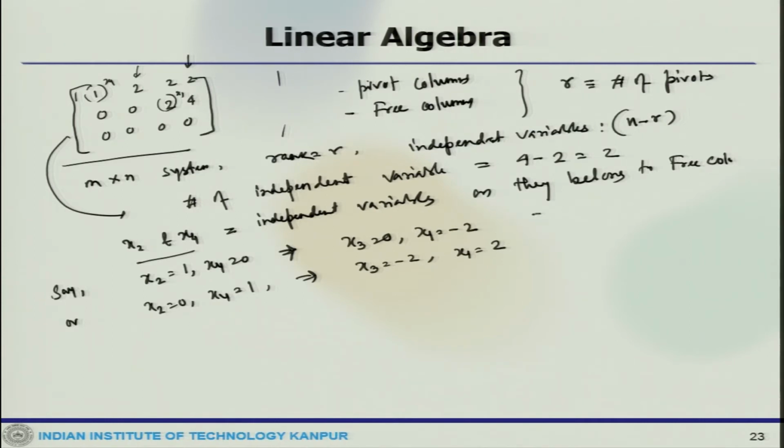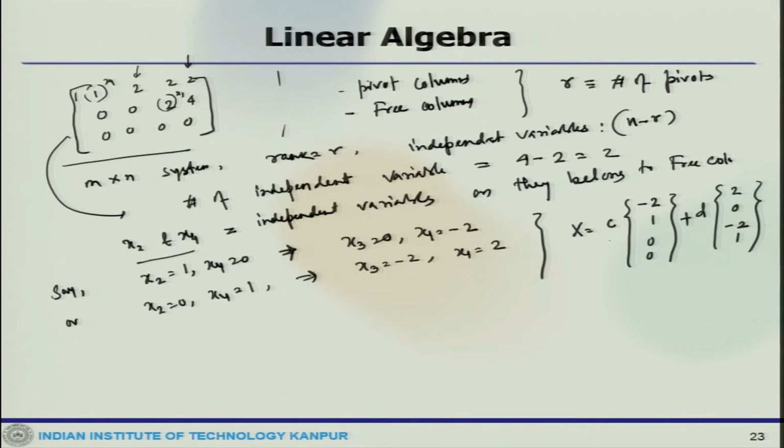So, we can get any solution in this particular form, where x would be c times (minus 2, 1, 0, 0) plus d times (2, 0, minus 2, 1). So, the solution would be in this form. Here c and d are any scalars, which will give us any combination of the solution.